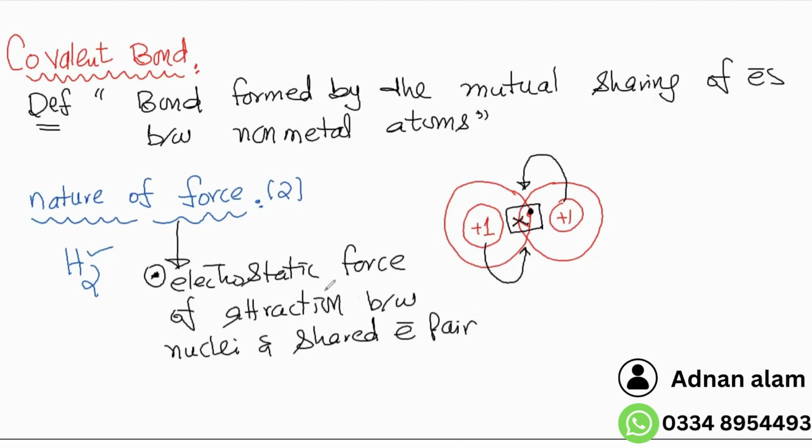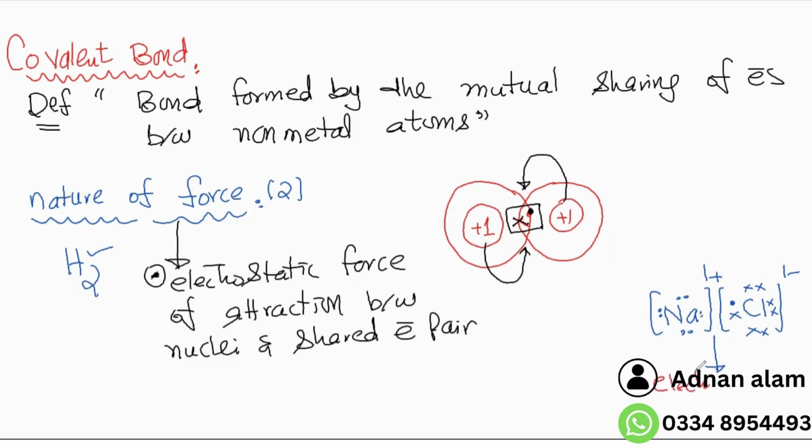Right, beta? But if I take NaCl, in sodium chloride we have sodium ion, which is 1 plus, and this is chloride ion, which is 1 minus. Chlorine has 7 valence electrons, so 1 electron is transferred from sodium to chlorine. So what is the force between positive and negative ions?